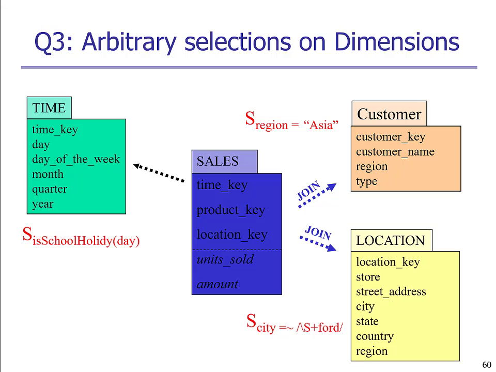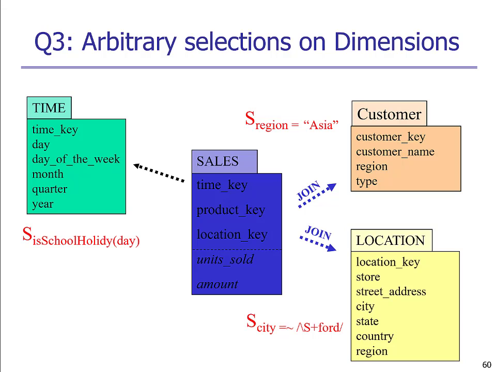Okay. So for such a query, where we have selections on different dimensions, the traditional way of processing is to use joins, of course, in a relational database, right? So we need to join these tables and then do the selection. Arguably this is the most inefficient way.